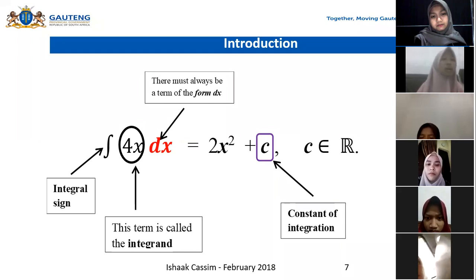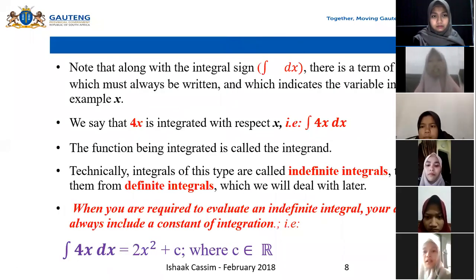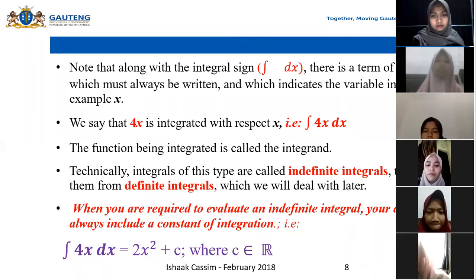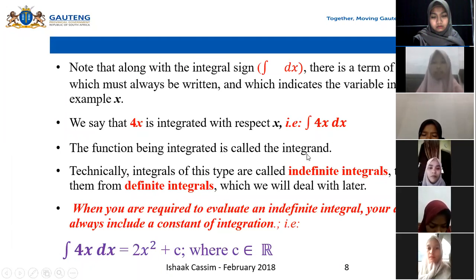Note that along with the integral sign and the function, there is a term of the form dx, which must always be written and which indicates the variable involved. In our example, x, we say that 4x is integrated with respect to x. Example, integral 4x dx. The function being integrated is called the integrand.